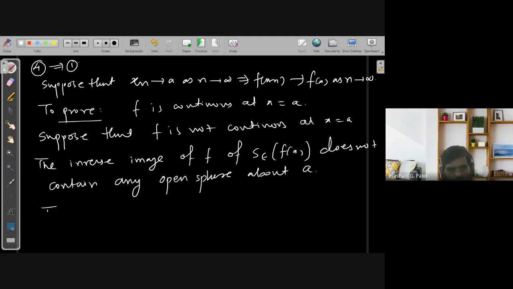So in particular, I am taking delta is equal to 1 by n.